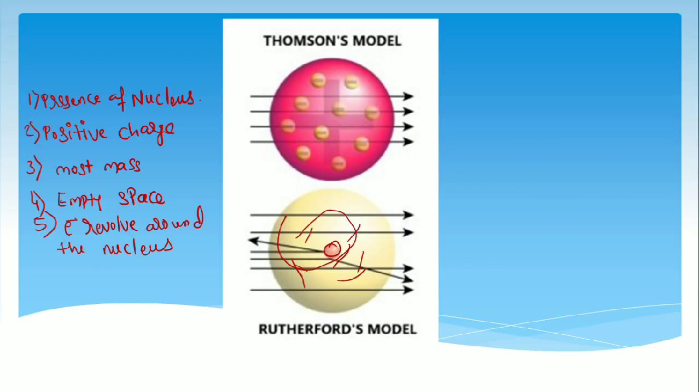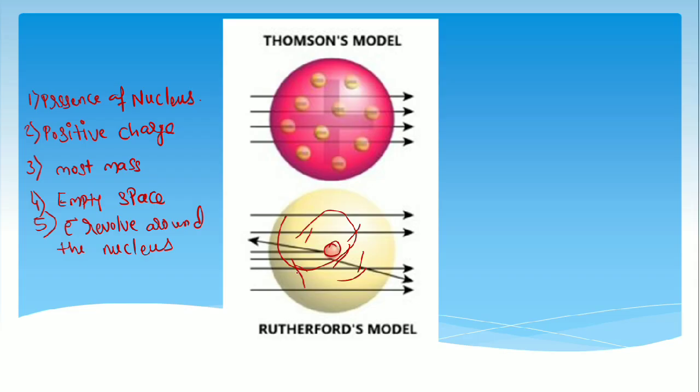Electrons are embedded in the Thomson atomic model, but in the Rutherford atomic model, the electrons revolve around the nucleus.